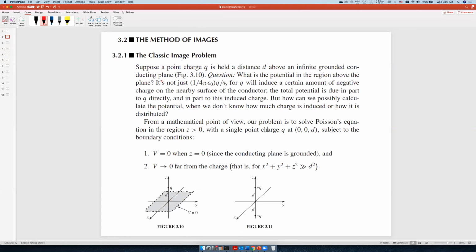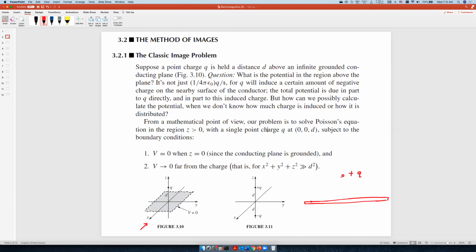It seems to be very complicated. First, these are x, y, z coordinates. If we look against the x direction, what you see is a very large plane or plate, and you have a Q, which is here.